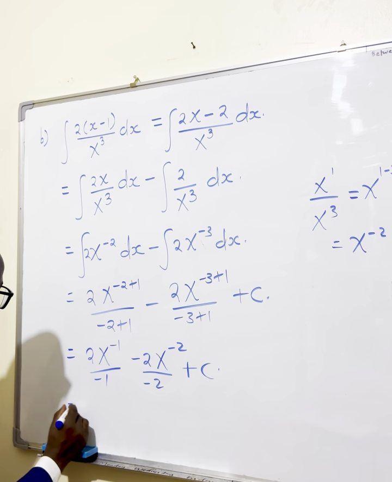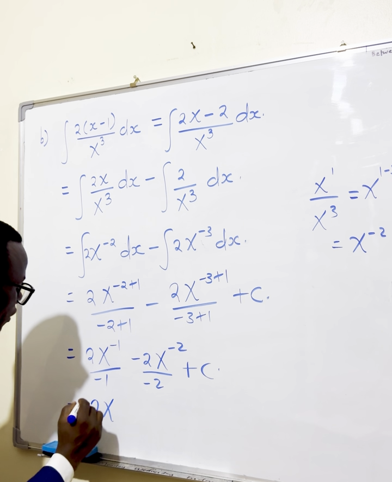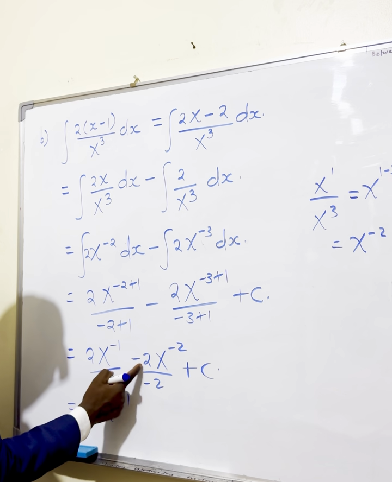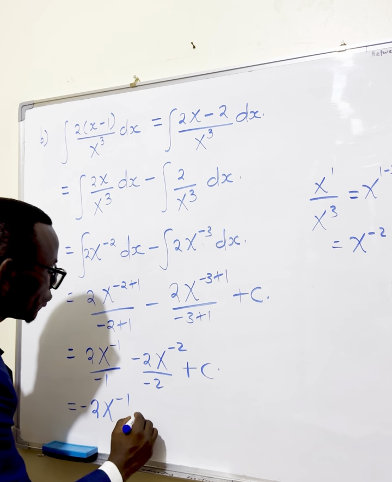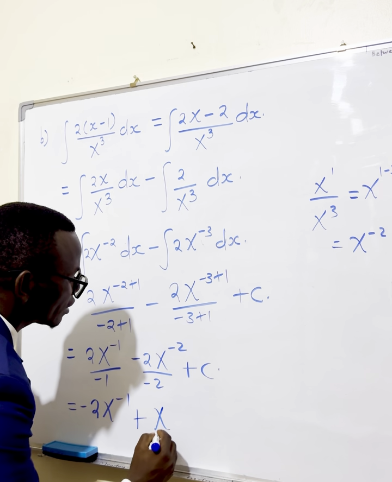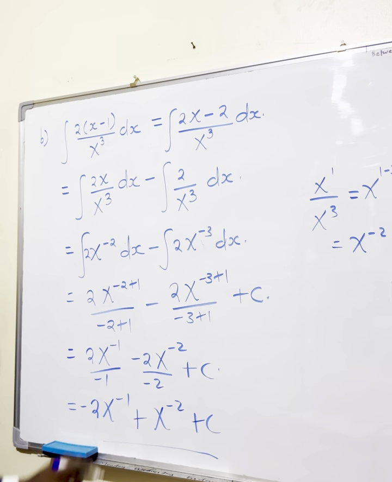So the final answer is going to be 2x, this one is a negative, power negative 1. Now negative 2 divided by negative 2, we are going to get a positive 1, then plus x power negative 2, then plus a constant of integration.